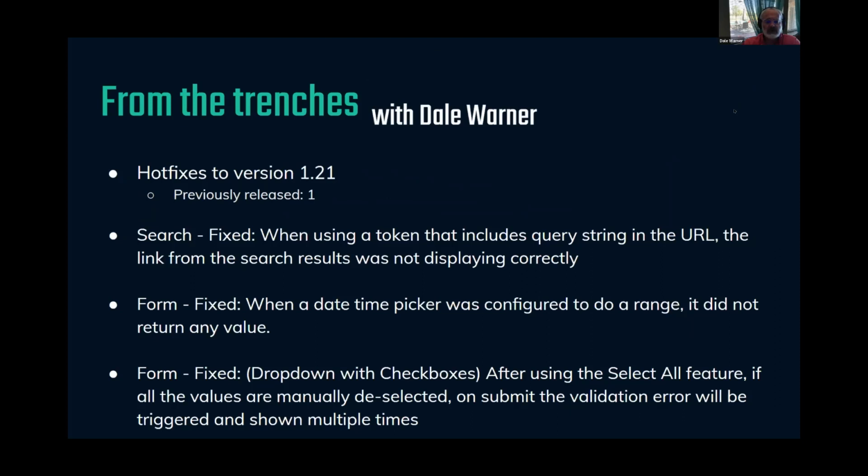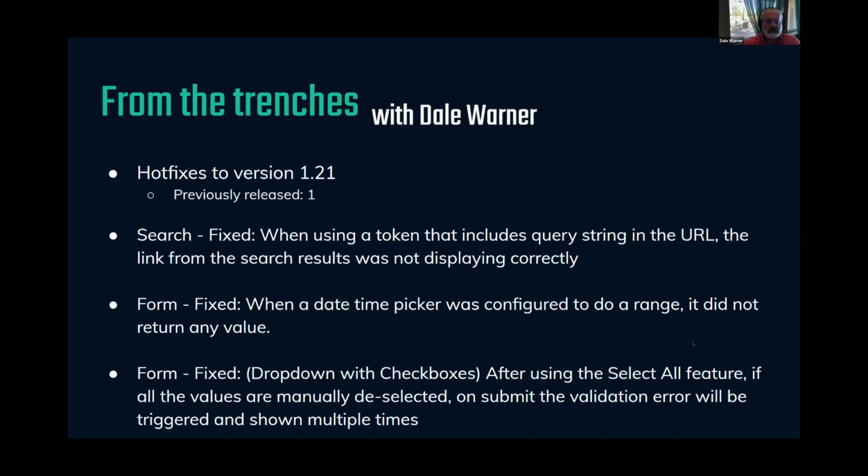So there's an issue with search that was fixed that dealt with a token, and the link from the search results wasn't displaying correctly. So again, we only recommend that you get these if you need the particular feature.